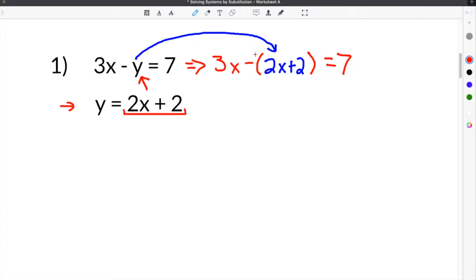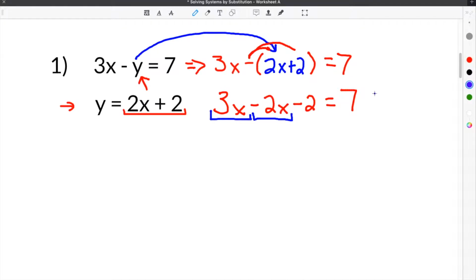That means we have to simplify this. So we're going to distribute this negative to everything inside the parentheses. So now we have 3x minus 2x minus 2, because we do negative 1 times 2x and then negative 1 times 2, equals 7. So now the next step is to combine like terms.